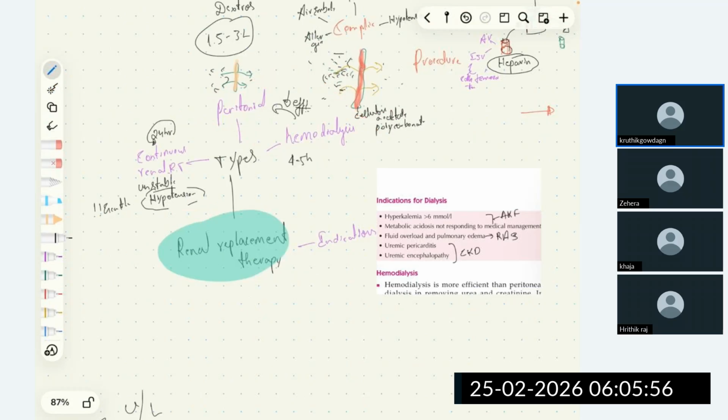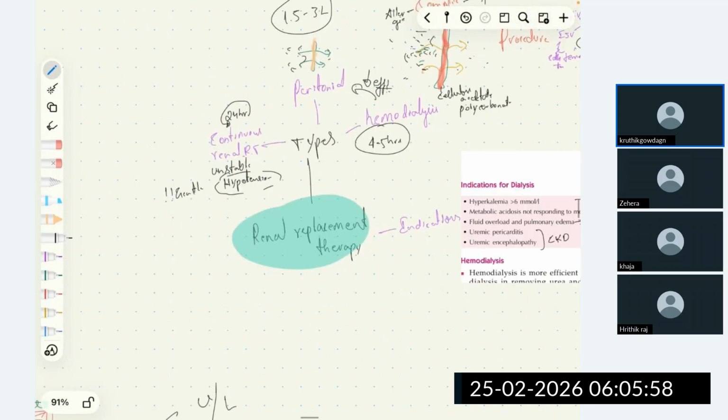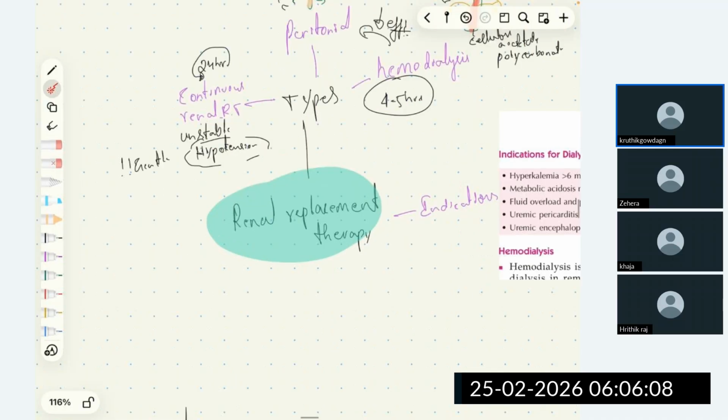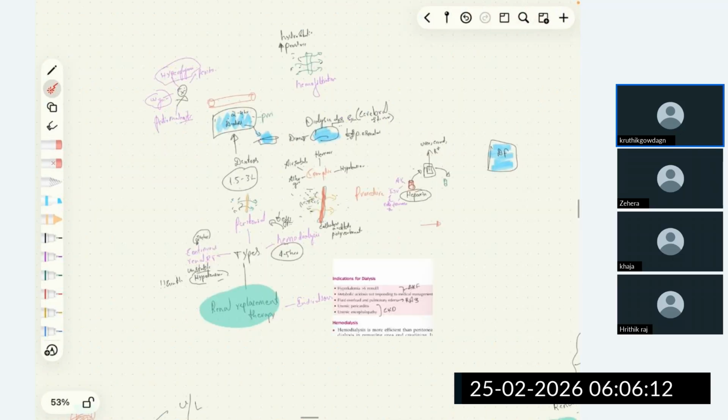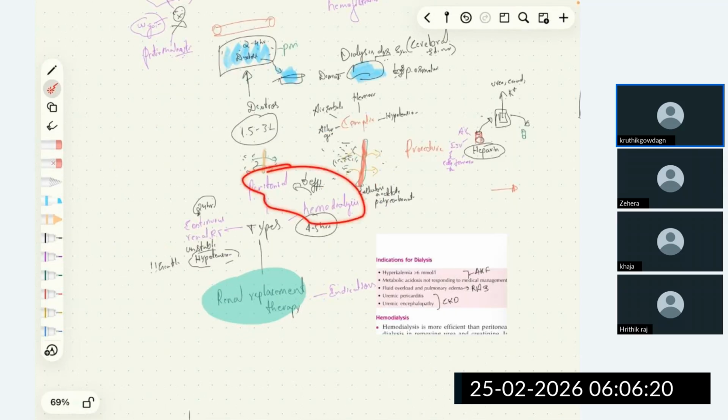But in continuous renal replacement therapy, the dialysis is done for all 24 hours. Why is it done? Because in patients who are unstable, who have hypotension, we can't afford the quick fluctuations in plasma solute and water level which occur in peritoneal dialysis and hemodialysis.